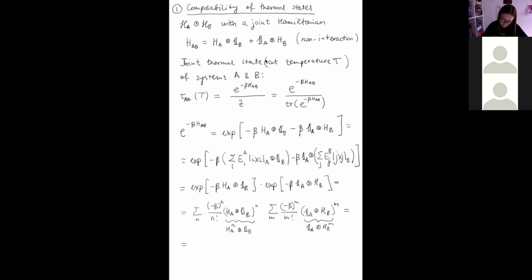And hence, what we end up with is the sum over n of minus beta to the power n over n factorial, H_A to the power n, tensor product the sum over m of minus beta to the power m over m factorial, H_B to the power m, which is exactly the matrix exponentials e to the power minus beta H_A tensor product e to the power minus beta H_B.